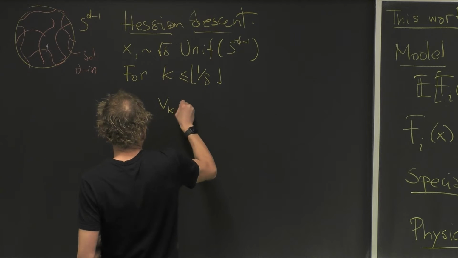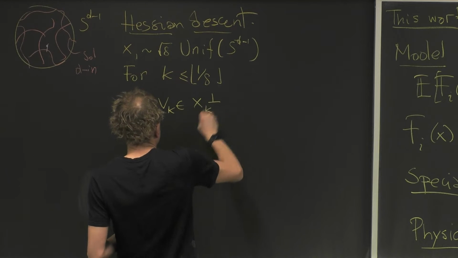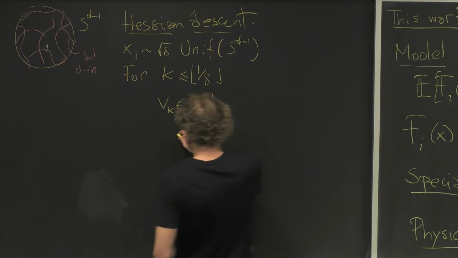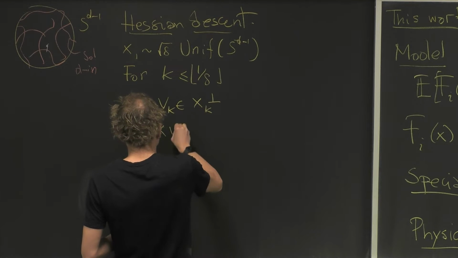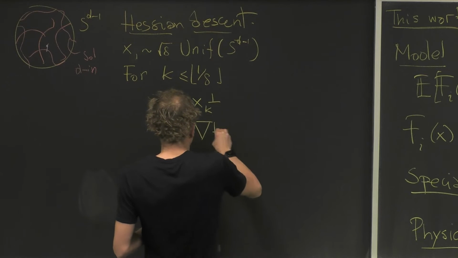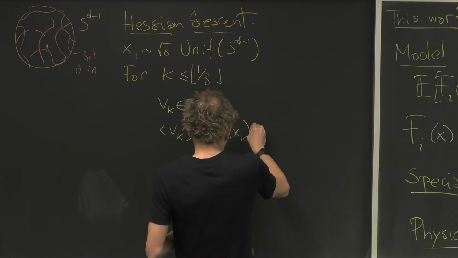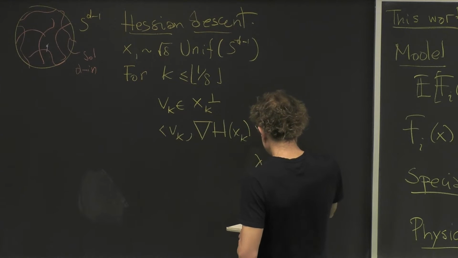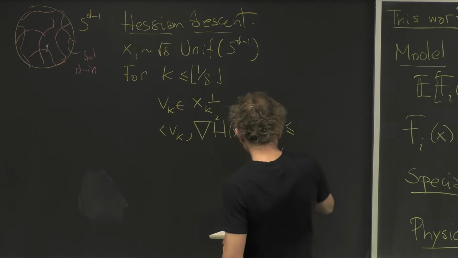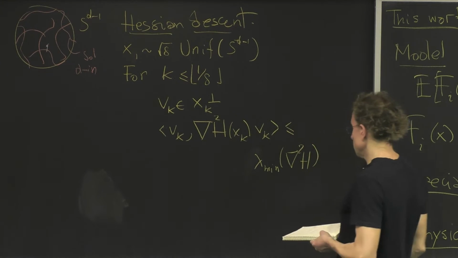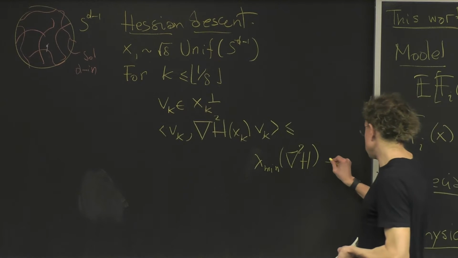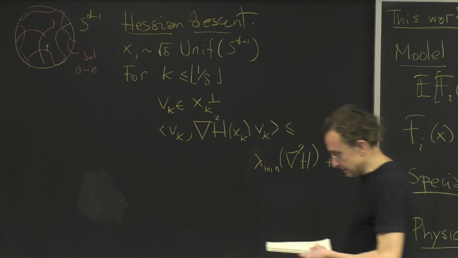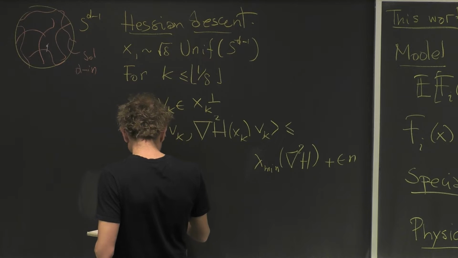We find a vk that is orthogonal to xk, so in the tangent space, such that the Hessian of h at xk, vk is less than or equal to minus lambda min. This is the Hessian. Perhaps with some error. And then we go along that direction.